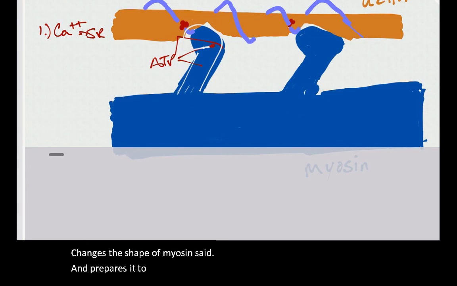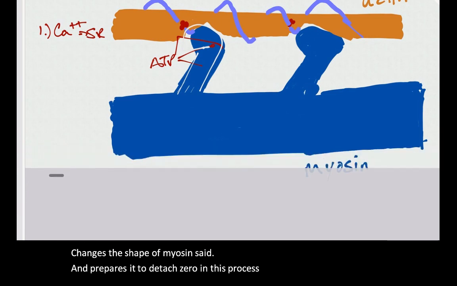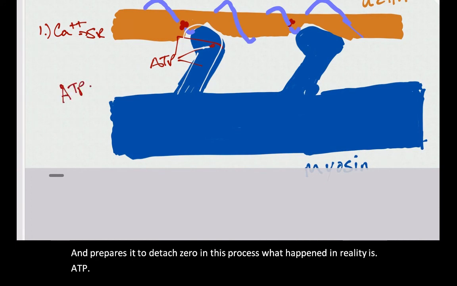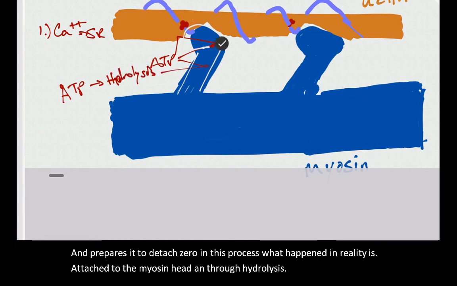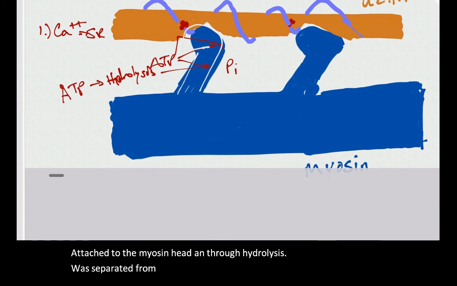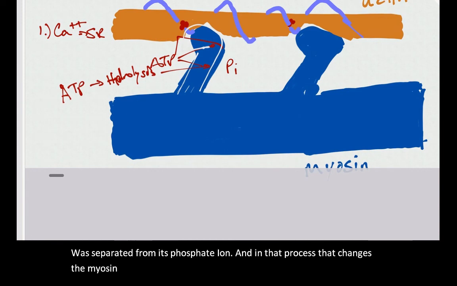In reality, ATP attached to the myosin head, and through hydrolysis was separated from its phosphate ion. In that process, it changes the myosin head so that it can be ready in a high energy state for the next contraction.